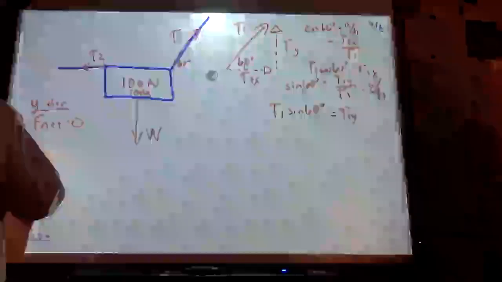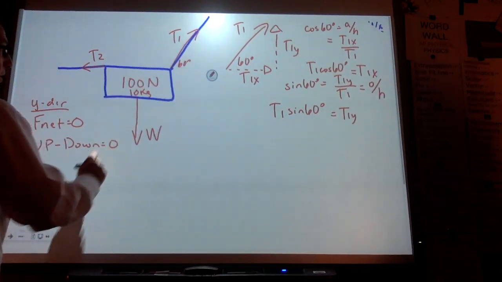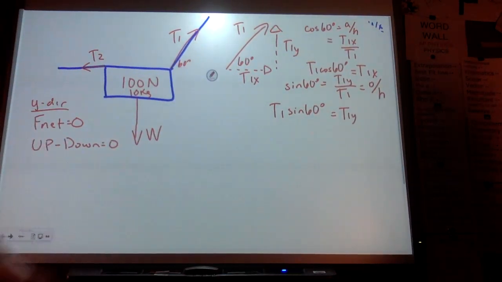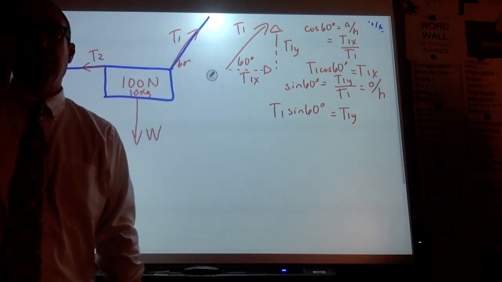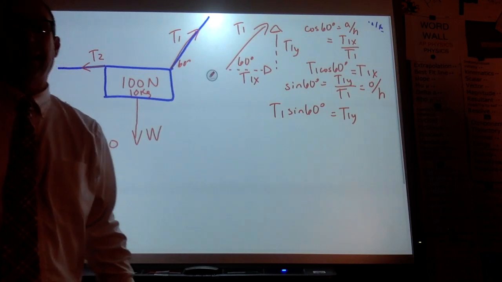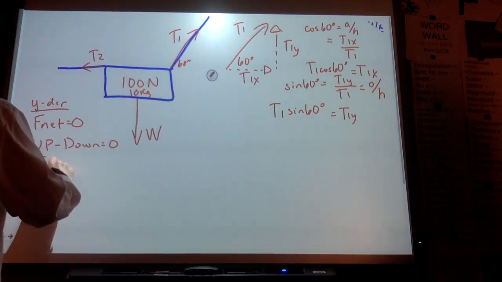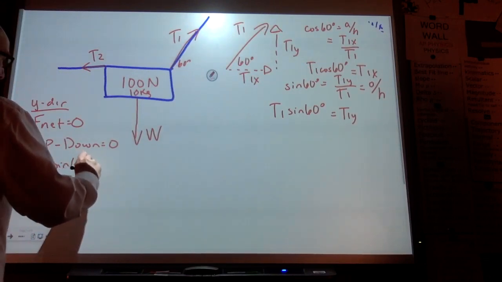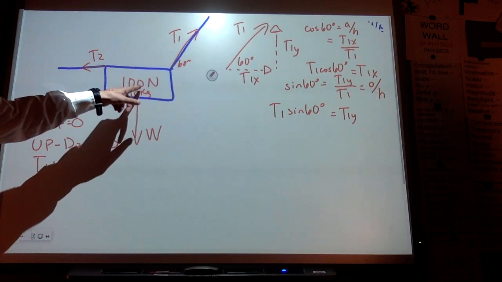So I'm going to take my force up minus my force down. Going up is T1y, but I'm going to write it as T1 sine of 60 because T1y really doesn't mean anything. Then going down, I have W, which I know is 100.